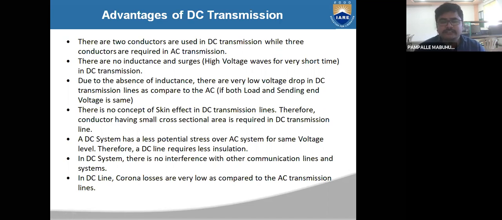Because of that, the insulation required for the DC transmission system will be minimum. And because of DC transmission, there will be no interference with nearby communication lines or systems. And if you observe, the corona losses are also very low in DC when compared to the AC transmission system.